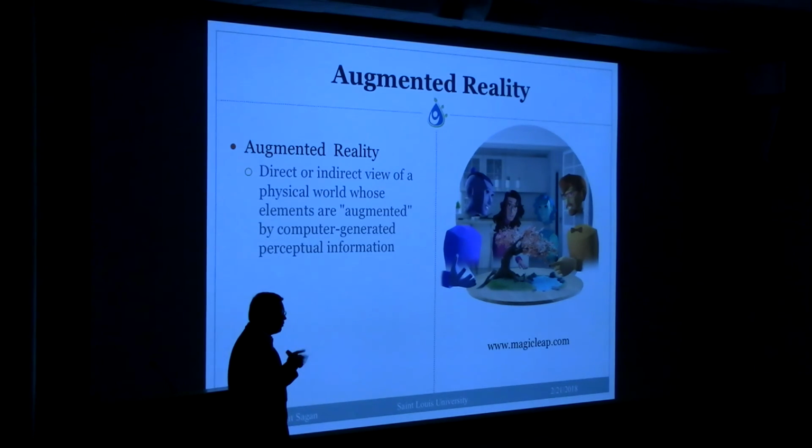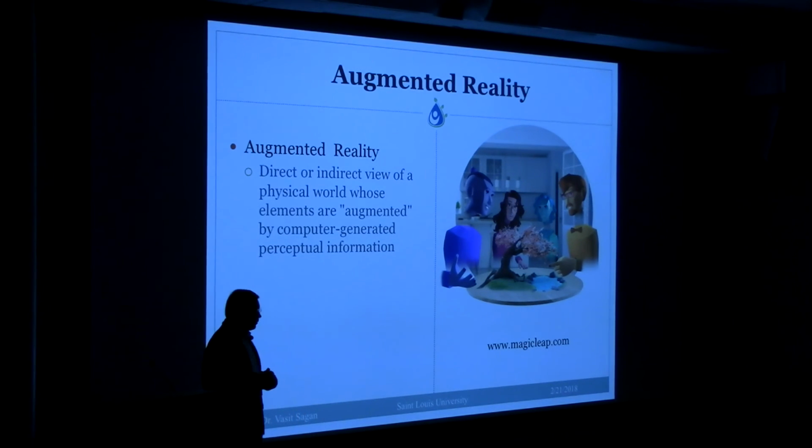So that's what they love. We provide some stuff like augmented reality and virtual reality. Augmented reality is basically presenting things in a real environment, augmenting things in the real environment using computer programs.